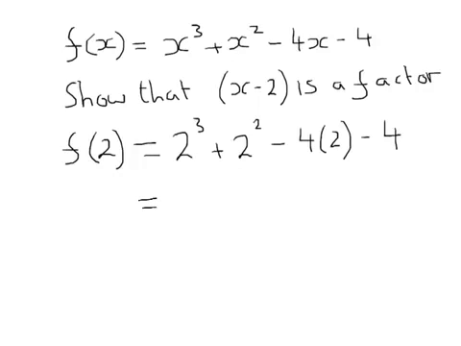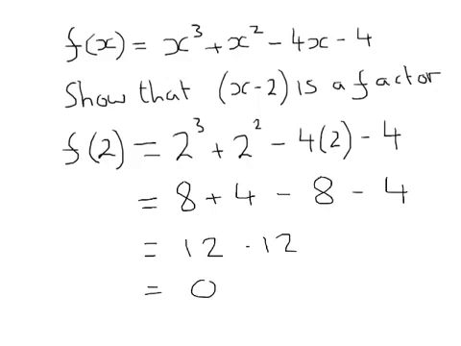We've got 2 to the 3, 2 fours are 8, plus 4, minus 4 times 2 is 8, minus 4, 12 minus 12, which equals 0. So, because we've got the result of f of 2 equaling 0, let's just copy this down, f of 2 equals 0, we can say for certain then, therefore, x minus 2 is a factor.